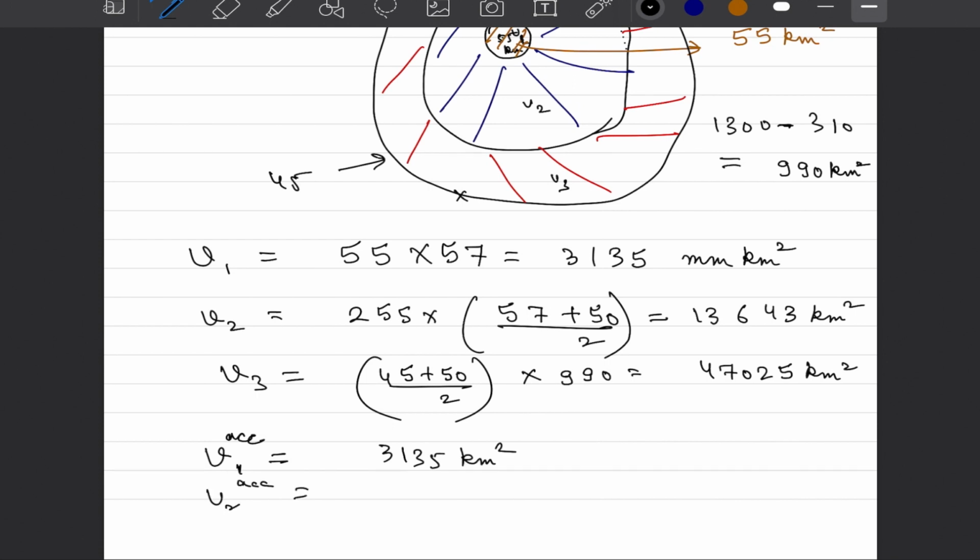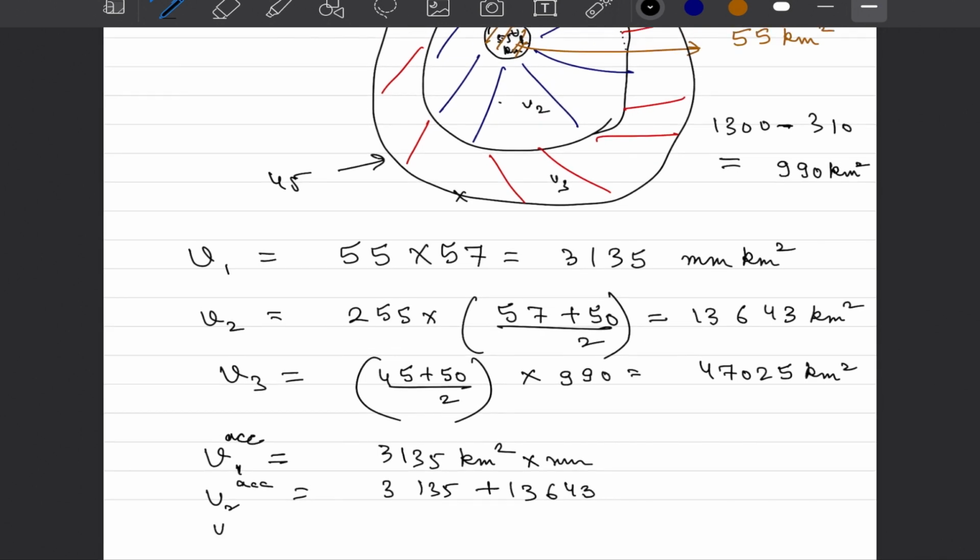V2 accumulated, whatever has happened in brown plus blue, is equal to 3135 plus 13643, and V3 accumulated is 3135 plus 13643 plus 47025.